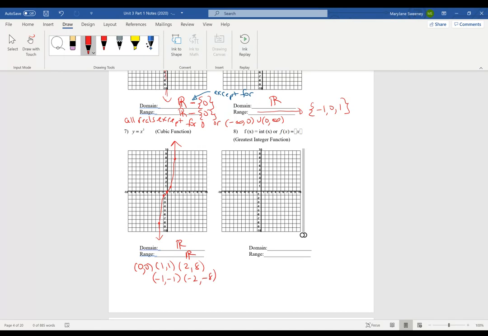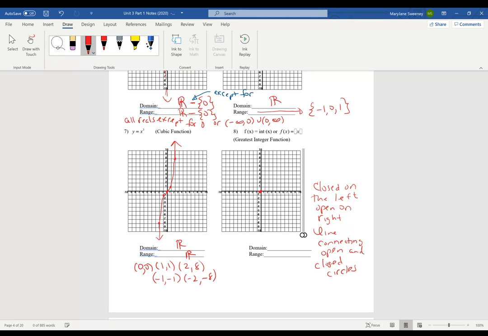Okay, greatest integer function. We want to know: closed on the left, open on right, line connecting open and closed circles. So this is what it looks like.